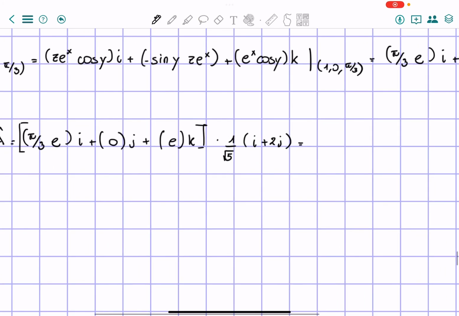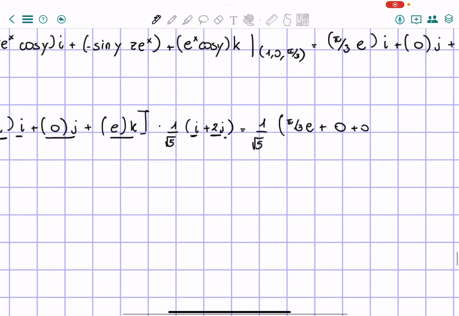Then it is going to go to the i. We're going to have 1 over square root of 5 in front of everything. Then i, which is 1, so our pi over 3 e times 1, so pi over 3 e, plus we have 0 for the j, so 0, because here it doesn't matter that it's 2. And for the k we have e, but we have a 0 in the A vector, so we're going to have plus 0 again.